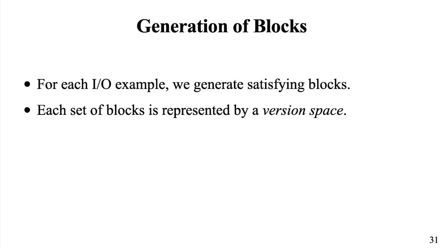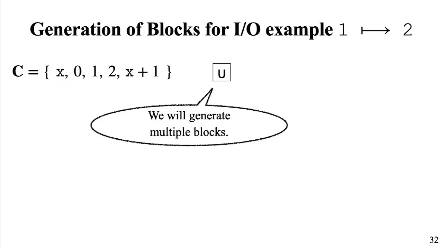It generates a set of blocks satisfying each I/O example. Each set of blocks is represented by a version space. For example, here's a process of constructing the version space of blocks for the second I/O example. Given this component set C, the initial version space only contains a single union node because we will generate multiple blocks.